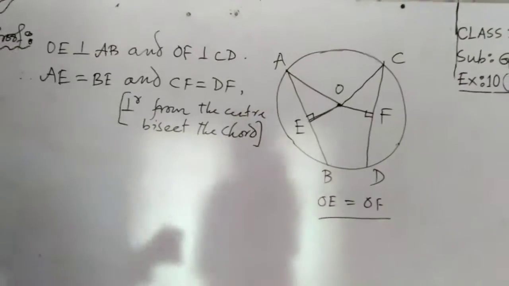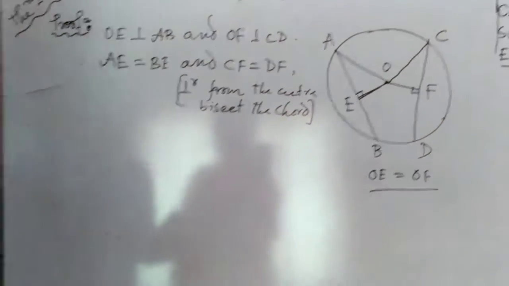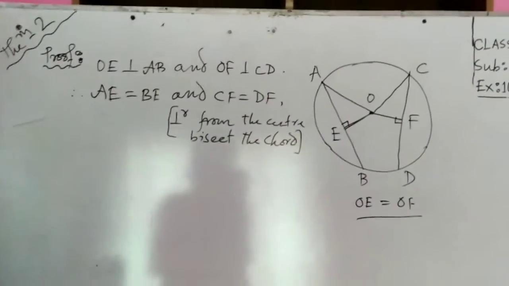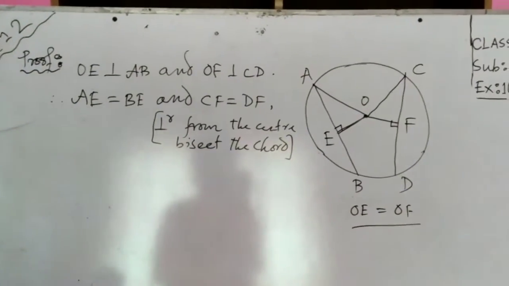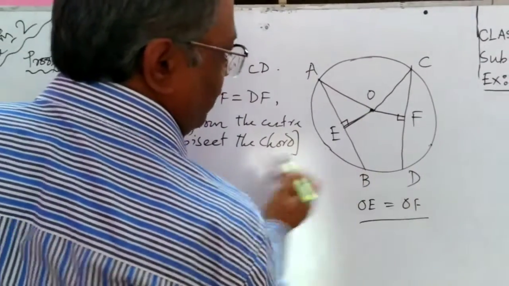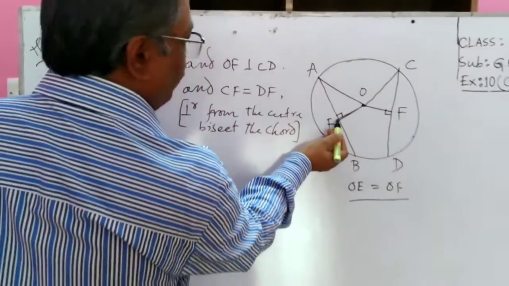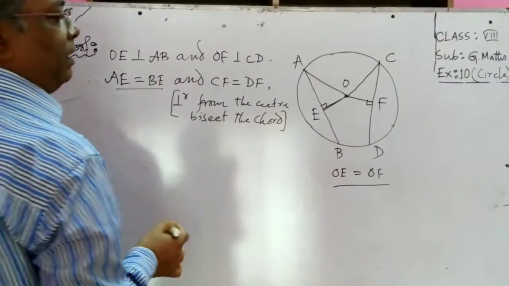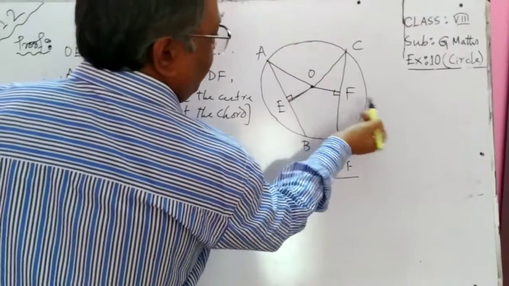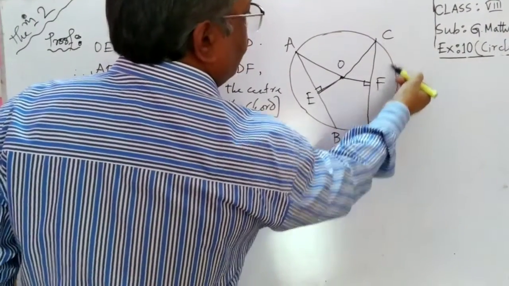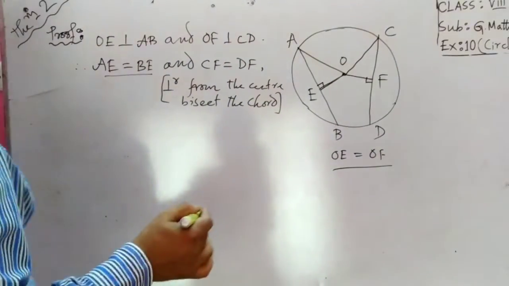Corollary মানে activity 1. একটু আগে আমরা করেছি activity 1, যেটা তোমাদের দেখাই দিলাম। এই activity 1 দ্বারা আমাদের এখানে প্রুফটা আসছে। তার মানে if OE perpendicular AB, so E is the midpoint of AB, তার মানে AE equals BE. Same as OF perpendicular CD, so F is the midpoint of CD, so CF equals DF.